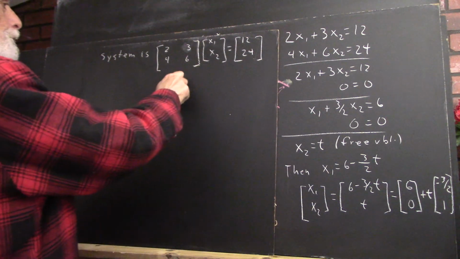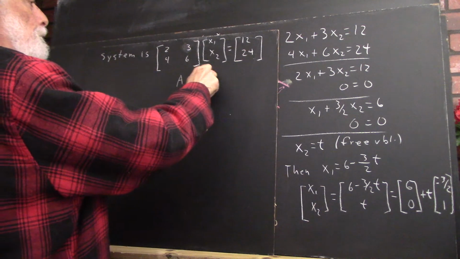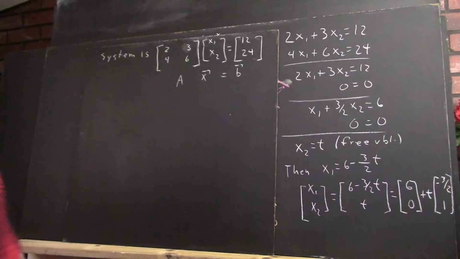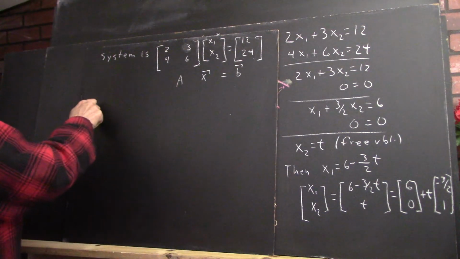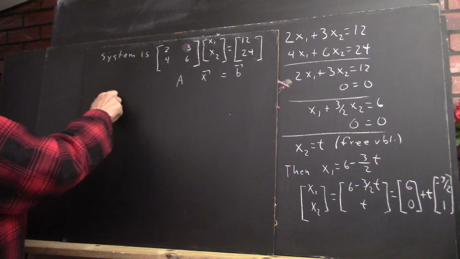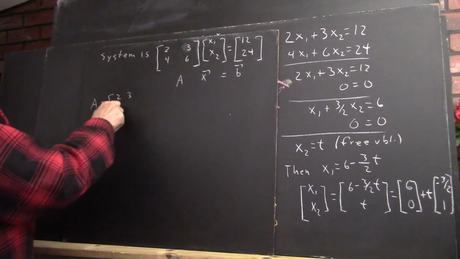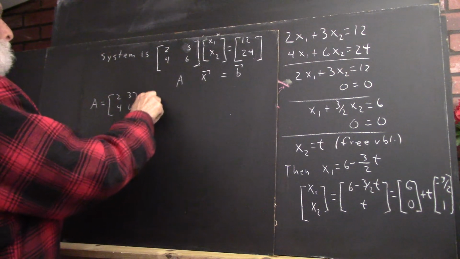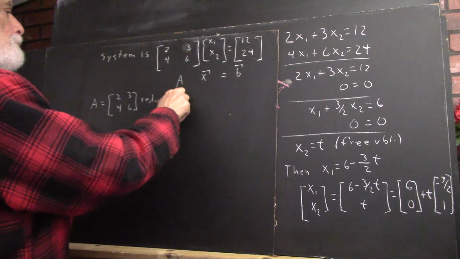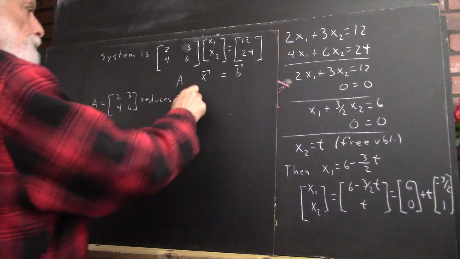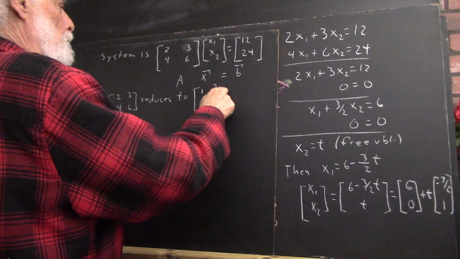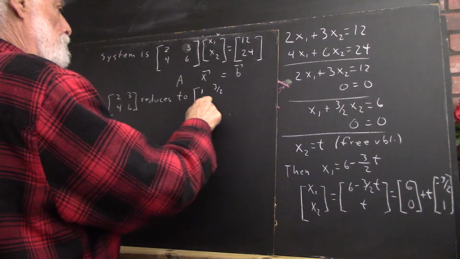Okay, this is a matrix of the equation A, x equals B. The matrix reduces to the matrix 1, 3/2, 0, 0.